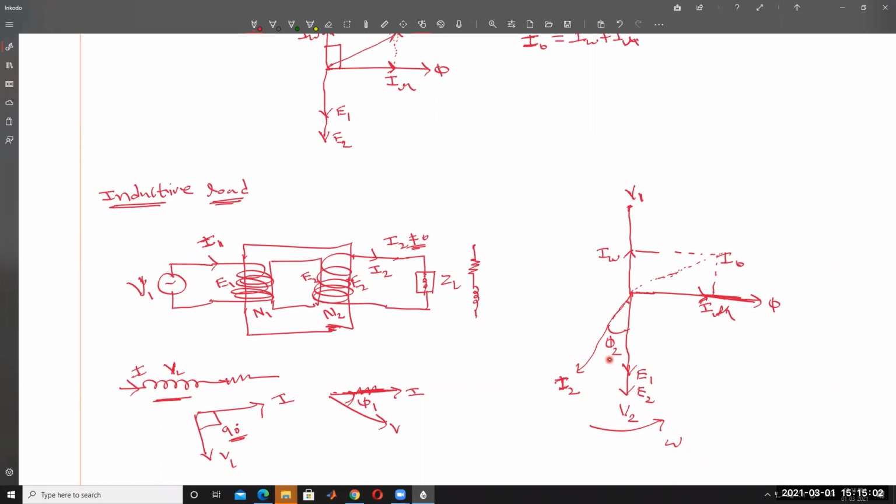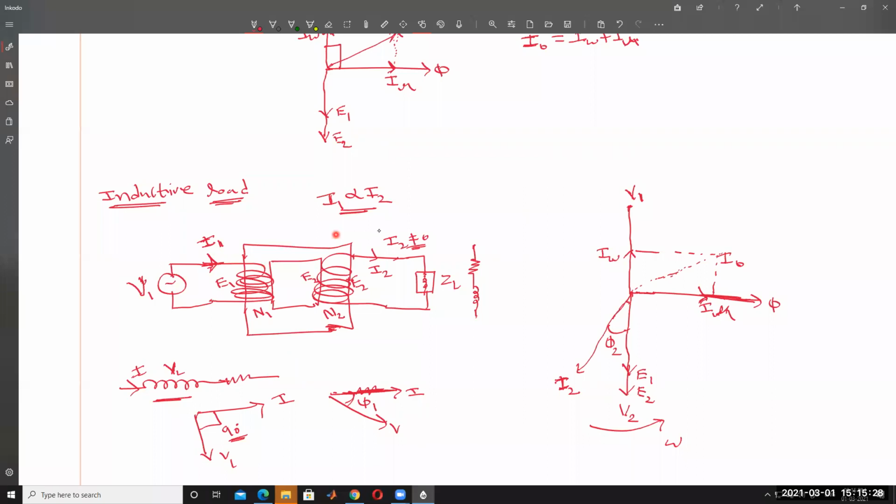You know well, according to the transformer relation, I1 is proportional to I2, but in the opposite direction. The primary current direction is from the source to the transformer winding. The secondary current direction is from the transformer winding to the load. Here the current is entering the transformer, and there the current is leaving the transformer winding.